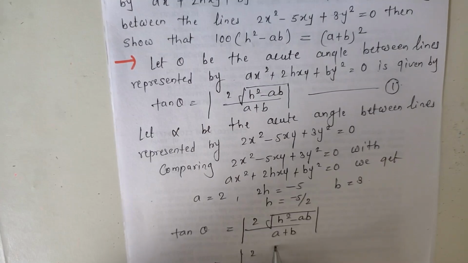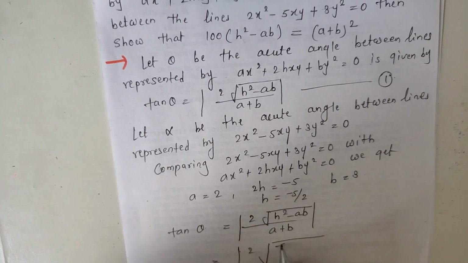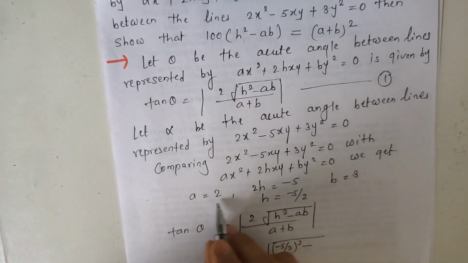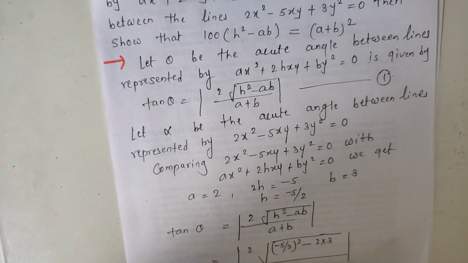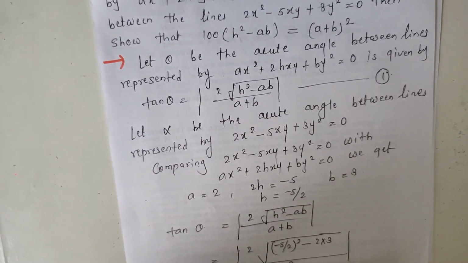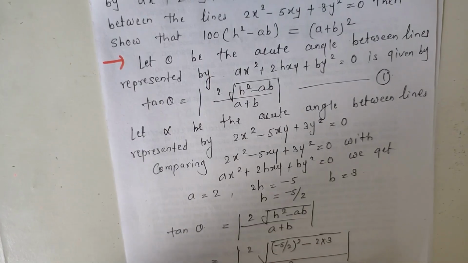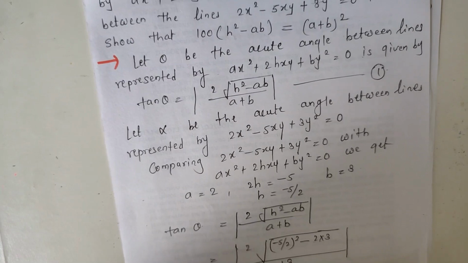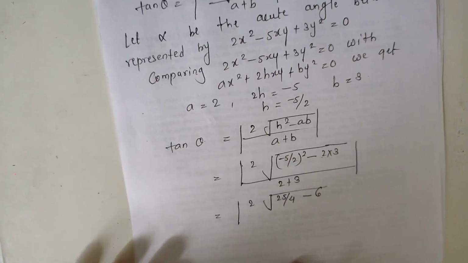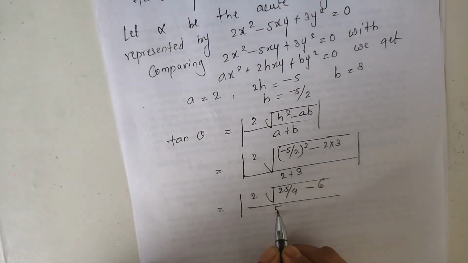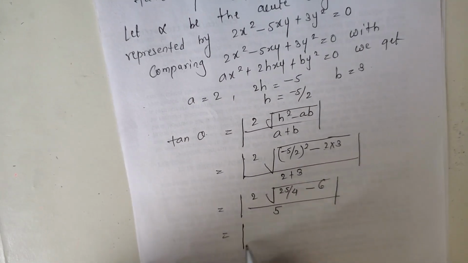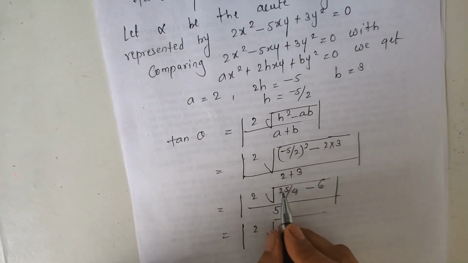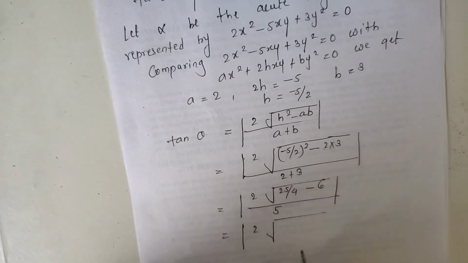Substituting the values, h is minus 5 by 2 bracket square minus a into b, 2 into 3, upon a plus b, 2 plus 3, is equal to mod of 2 into under root of 5 by 2 square, that is 25 by 4, minus 2 into 3, 6, divided by 2 plus 3, 5, is equal to 2 into under root of 25 by 4 minus 6.